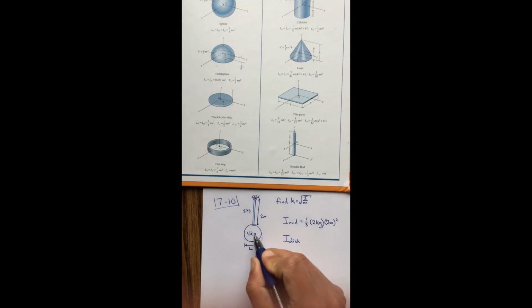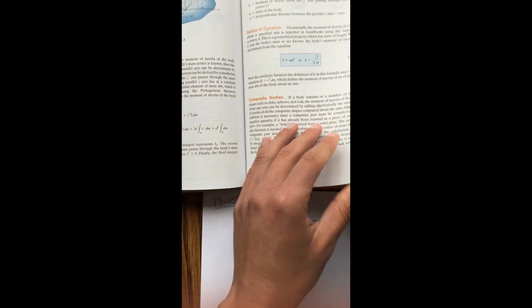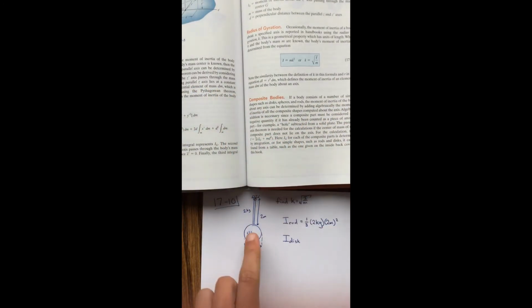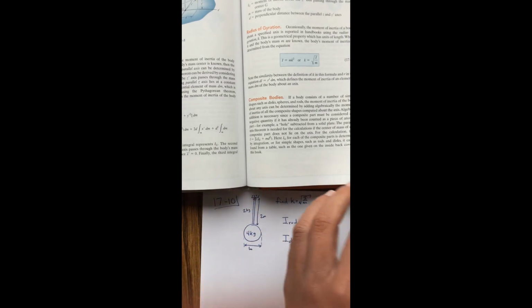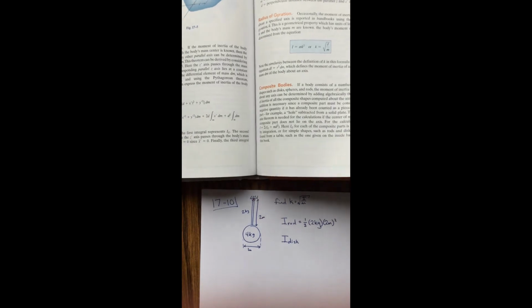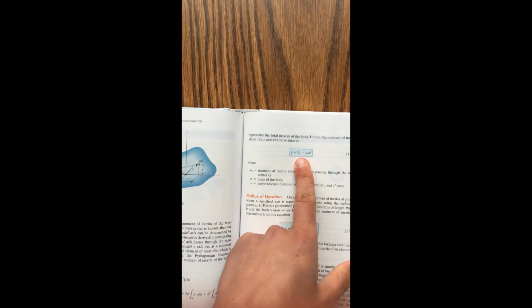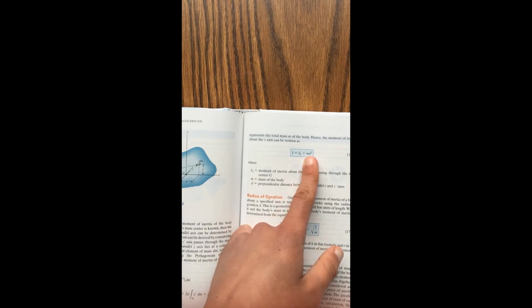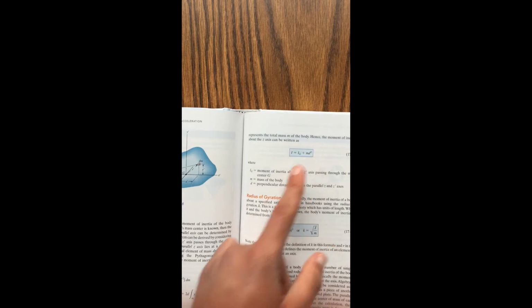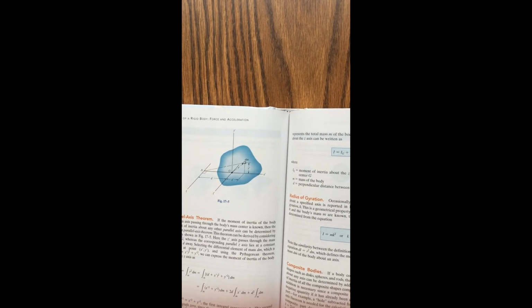Now we have to do the pendulum, which is a disc. I'm also going to have to use the parallel axis theorem here, because they don't give me the disc rotating about a point that's at some distance away, but I can figure that out using the parallel axis theorem. So I'm going to take the moment of inertia about the mass center and add to that m d squared, where d is the distance from the mass center to the axis that I'm looking at.